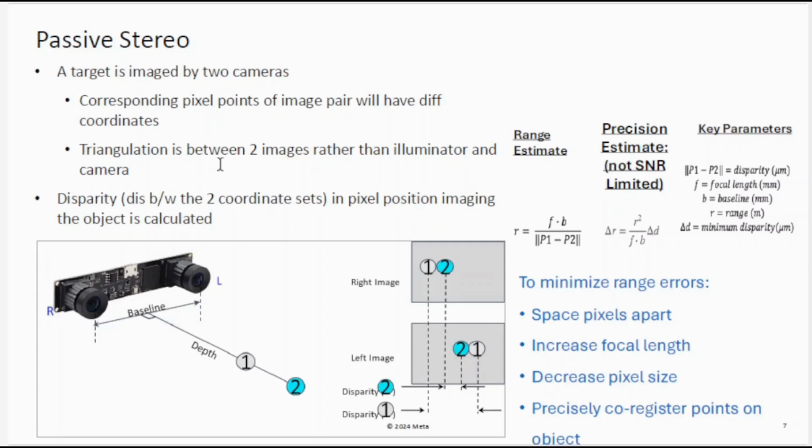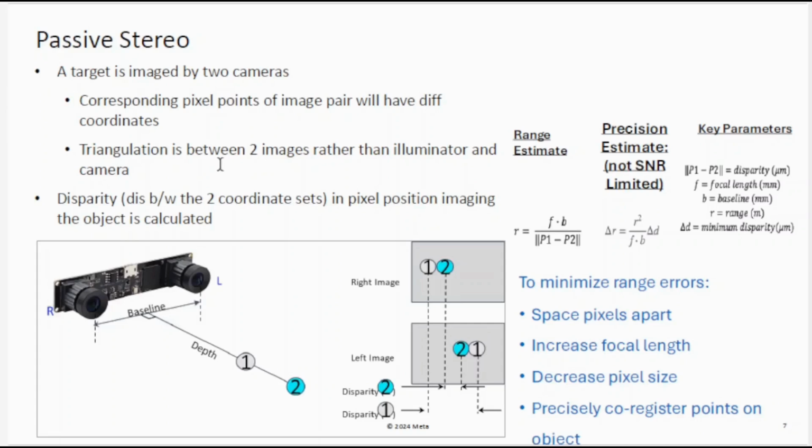Disparity is inversely related to depth. The fundamental operating equation tells you how the system works: you've got the focal length, the baseline, which is the distance between the camera pair, and then the disparity, which is in the denominator. If you want to minimize range errors, these are the general ways you can do this.